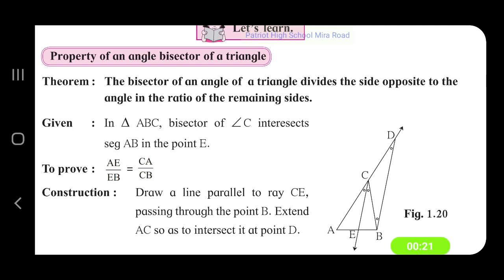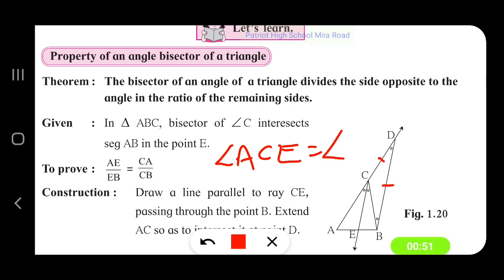Now you consider the angle C. This CD and BD are not mentioned. We have triangle ACB and we have the angle bisector of angle C. CE is the angle bisector of angle C. So we have angle ACE equal to angle ECB.